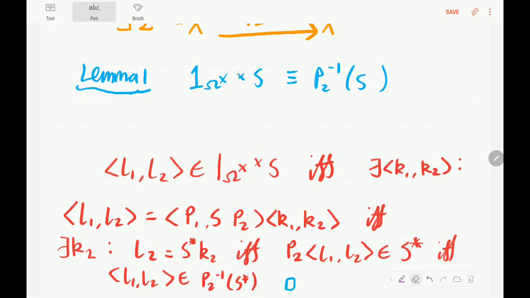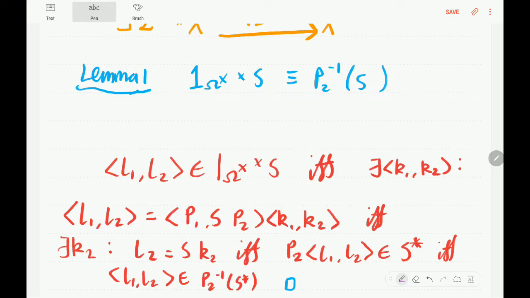And writing this identity times S in angle bracket notation and calculating out what this composition is, we find that using K1 equals L1 always satisfies this.